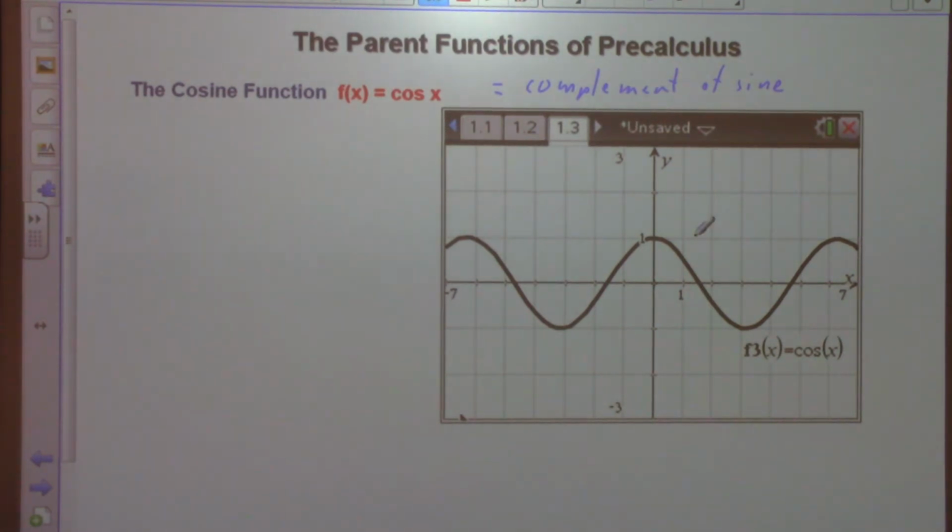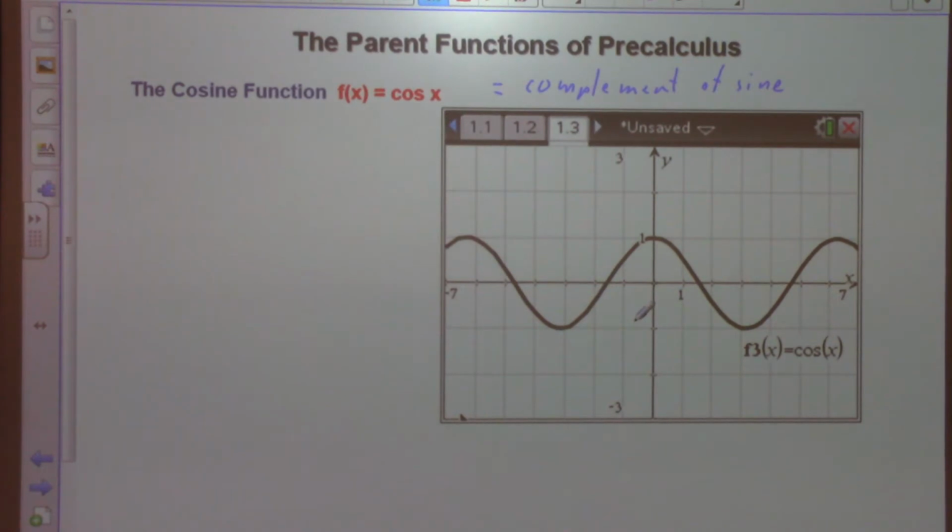What does complement mean? You might have learned that in geometry class. What is a complementary angle? Adds to 90, right? So this is 90 degrees. We're going to talk about trigonometry more next semester, but the cosine is the complement of the sine.